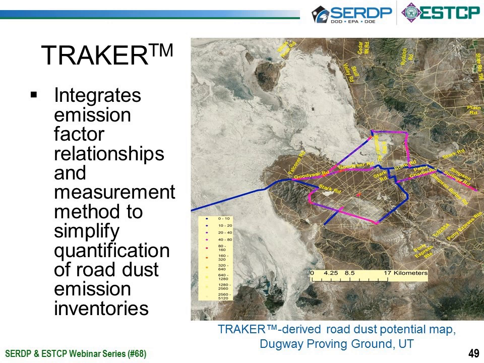It integrates these emission factor relationships and simplifies the quantification of the road dust emission inventories, as this can be drawn directly into simple spreadsheet processing to come up with a PM emission inventory, either on an annual basis or on a quarterly basis. So it should be a useful tool for environmental managers at these bases who have to supply this kind of information.